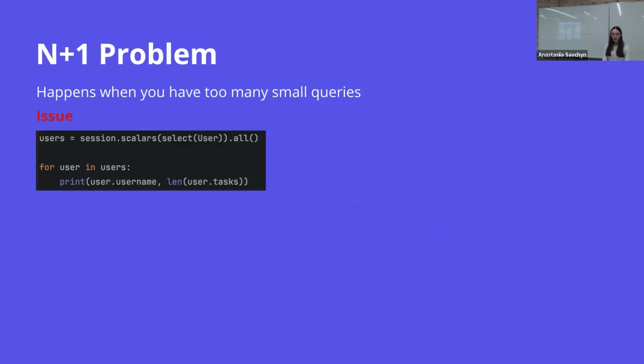Okay, the N+1 problem. What is the N+1 problem? That is when you have too many small queries. Do you understand what the issue may be on this screenshot? Maybe Maxim?